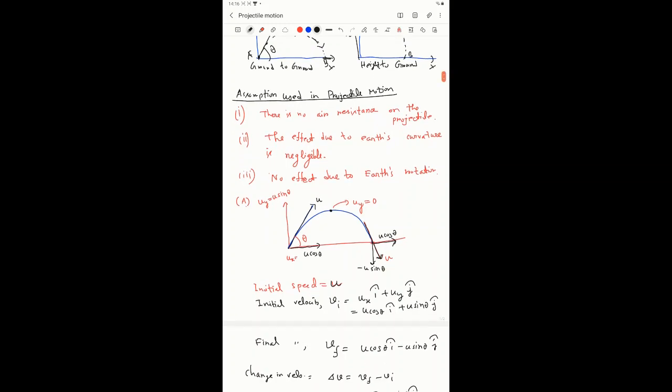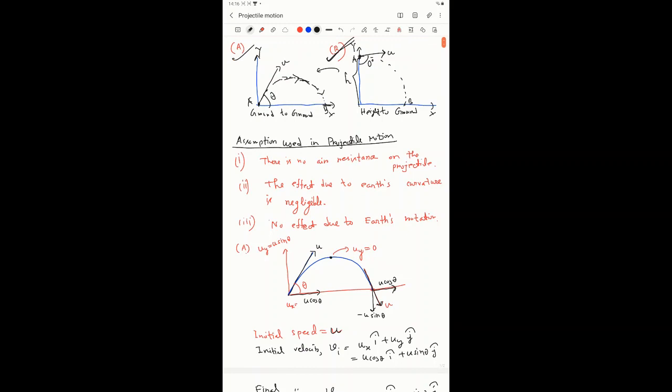Before discussing this, we have to know some assumptions used in projectile motion, means some rules, some aspects of projectile motion. For point 1, there is no air resistance on the projectile.